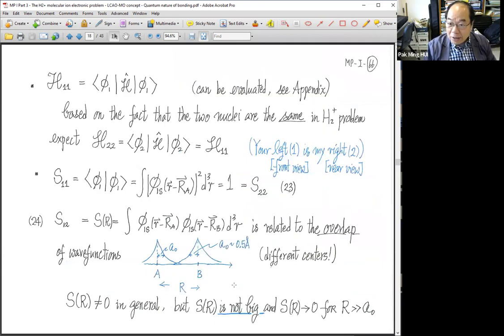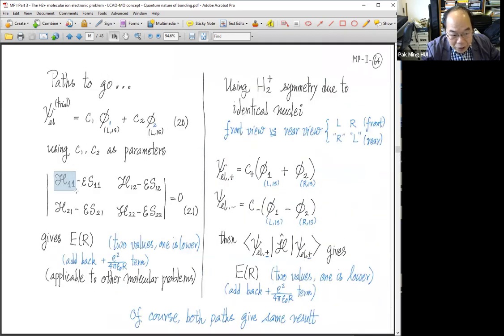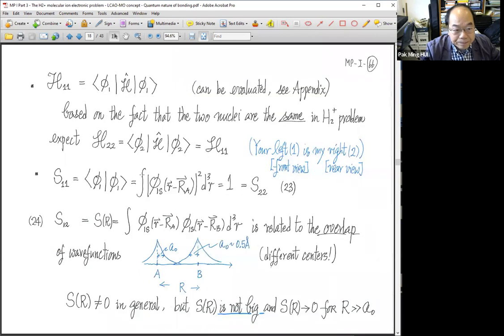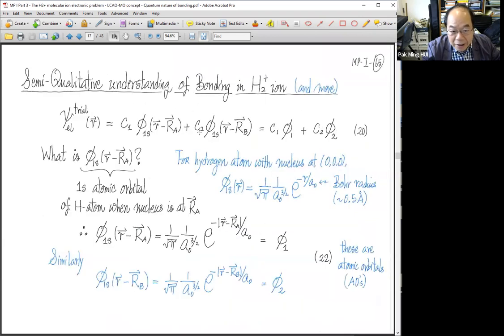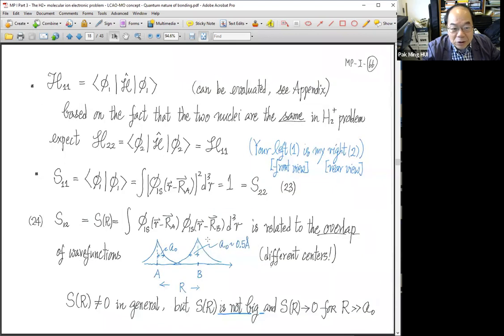Why do I stress this point in our discussion? Here's the reason. In this method, we need to calculate various integrals. For example, H11, we are using phi 1. So we are using the 1s on the left to do the integral with the Hamiltonian in the middle.